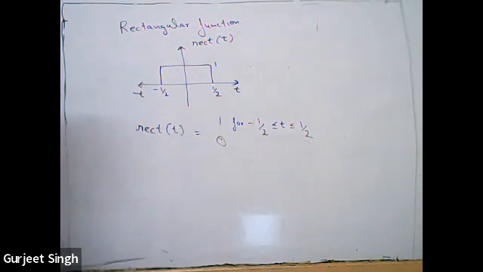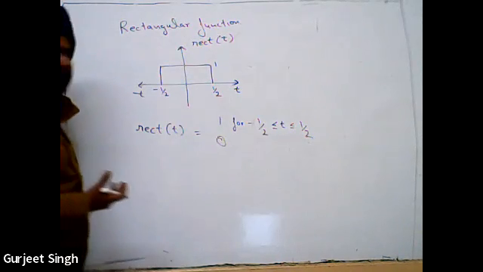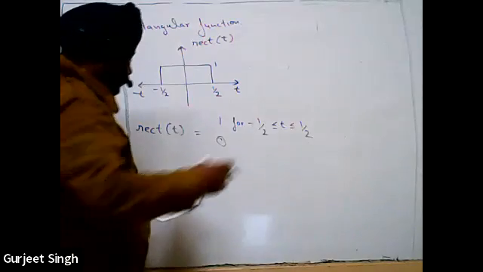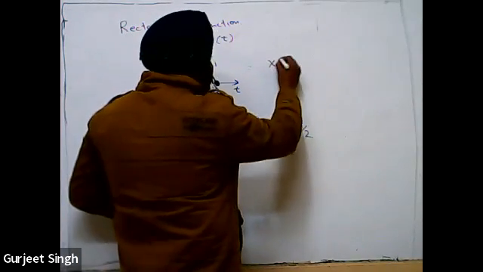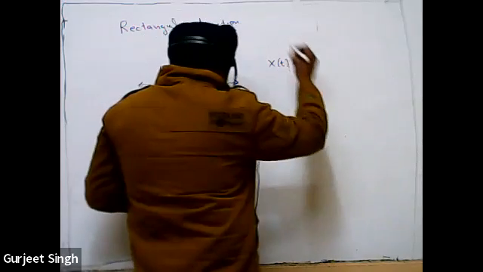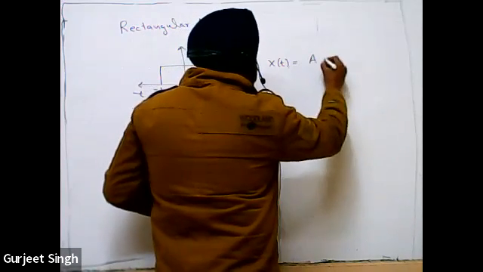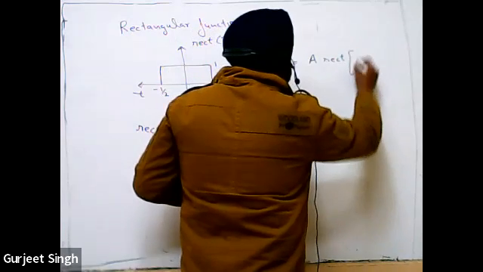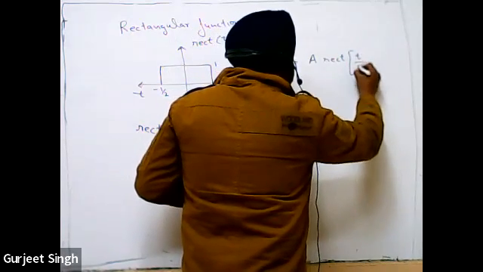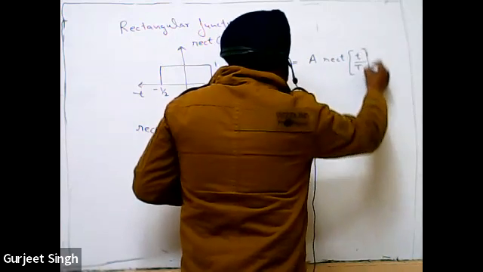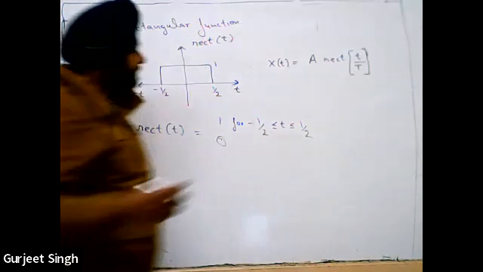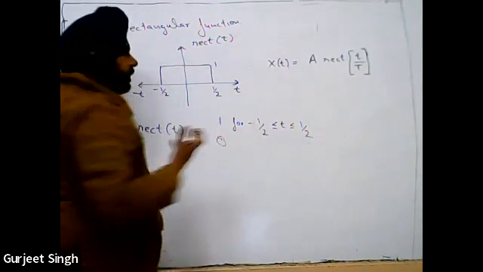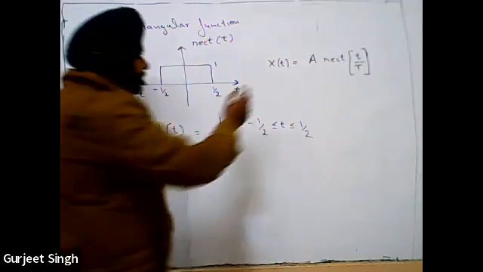We can also represent the standard rectangular function by x(t), which is equal to A rect(t/T), where T is capital T. This is the standard equation of the rectangular function.